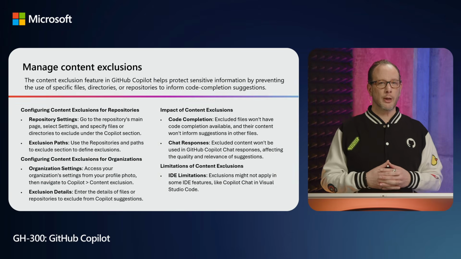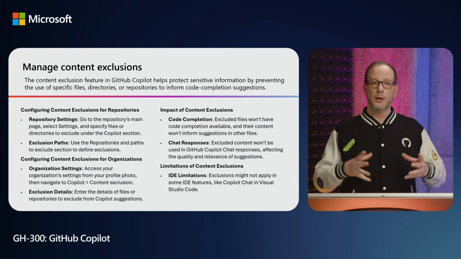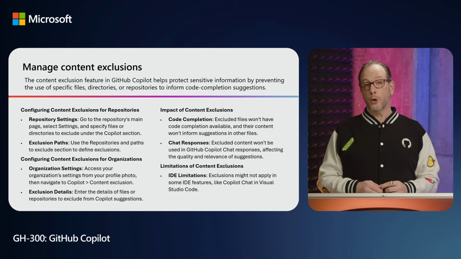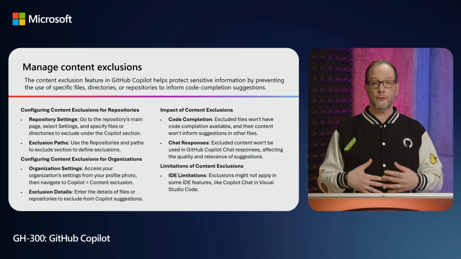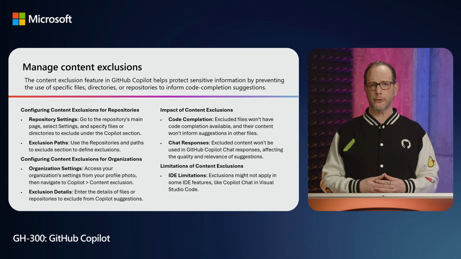Let me close this module by briefly touching on another capability you have available, namely content exclusions. I already talked about this a bit in module 1, by the way. Content exclusions allow organizations to prevent sensitive files or repositories from influencing Copilot suggestions.